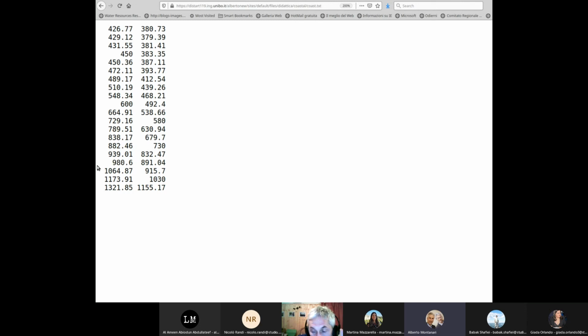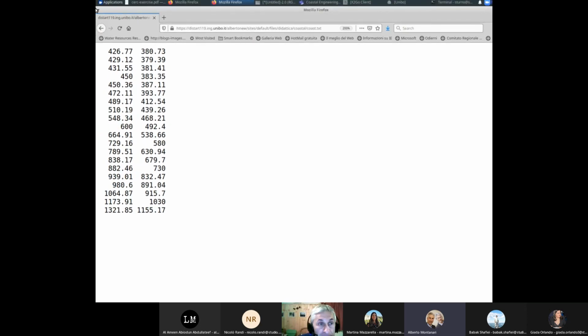It is a file format, and it has the nice advantage of being universal. It's not formatted, so it's not nice to see, but it can be read by almost all software. It can be read by Word, Excel, R, MATLAB, etc. So this is why on my website I decided to put the file in text form.